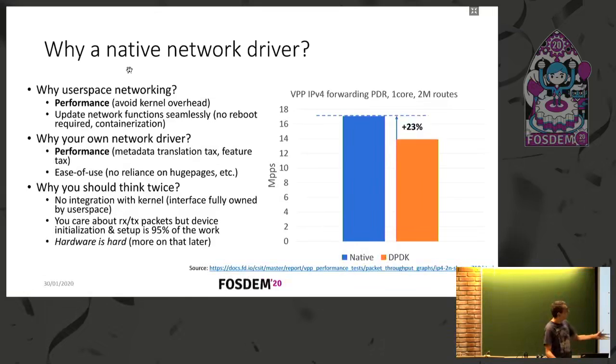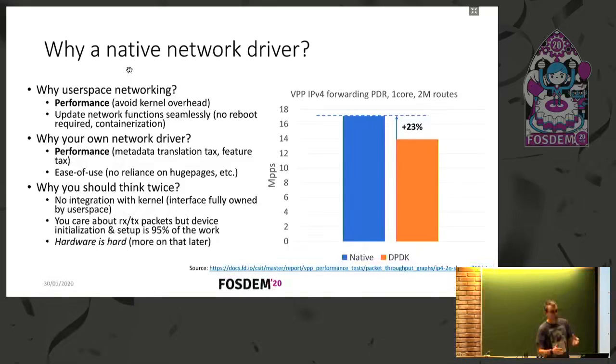And one of the main reasons for that is that when you're using an external driver, like DPDK for example, you might have some translation happening between metadata. This is actually something that even DPDK has, for example, with XDP, that they presented in an earlier talk.